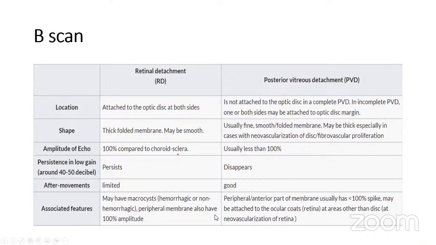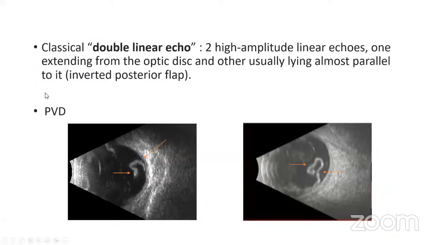There are also some associated features that can help you identify whether it is a retinal detachment or PVD. So move on to that. From here, I want to illustrate the classical signs of the giant retinal tear on a B scan. You can see what we call a classical double linear echo.